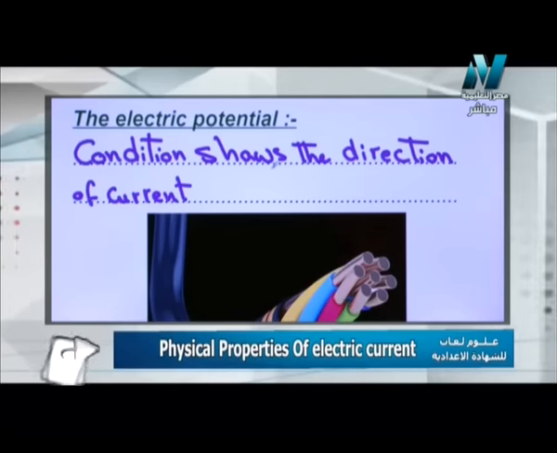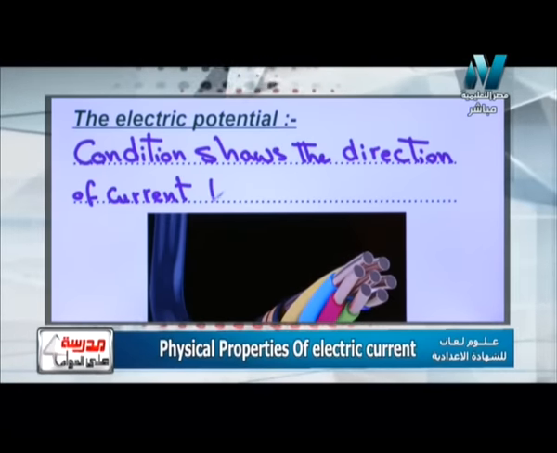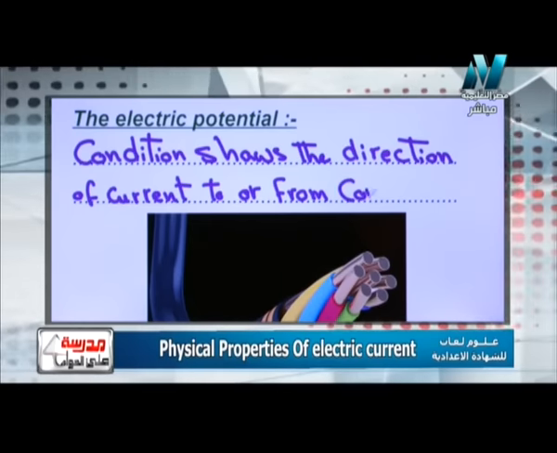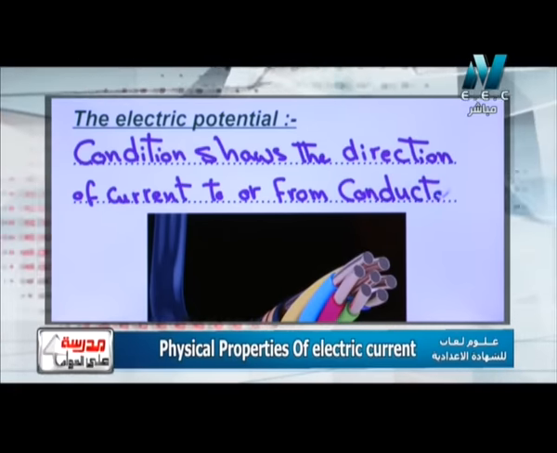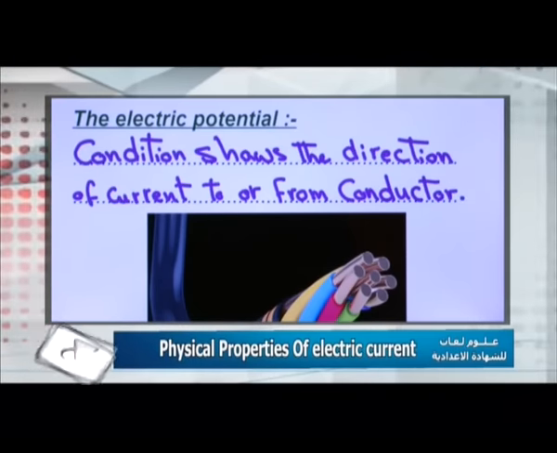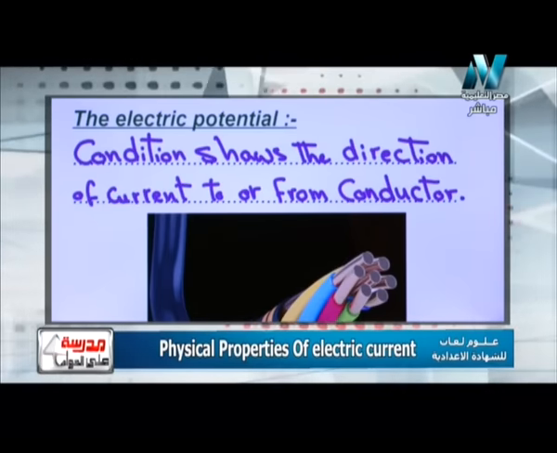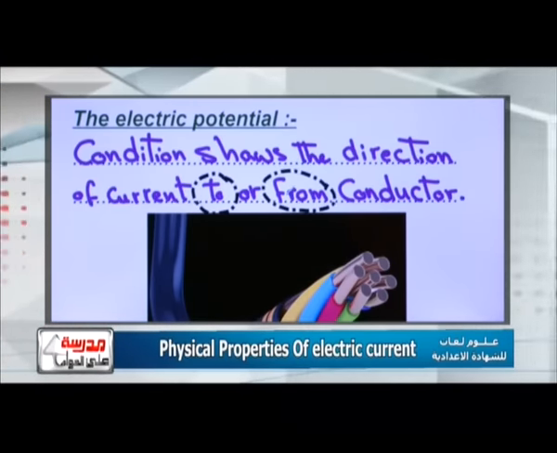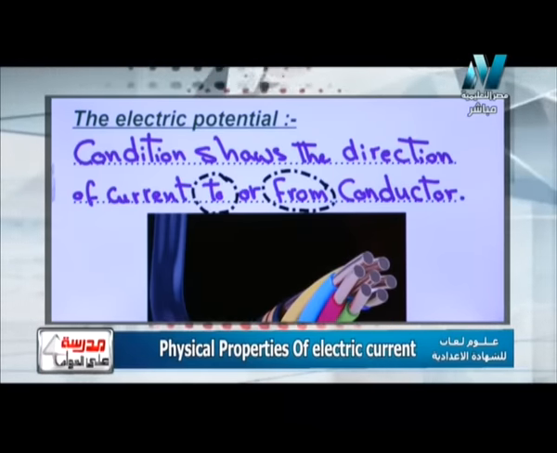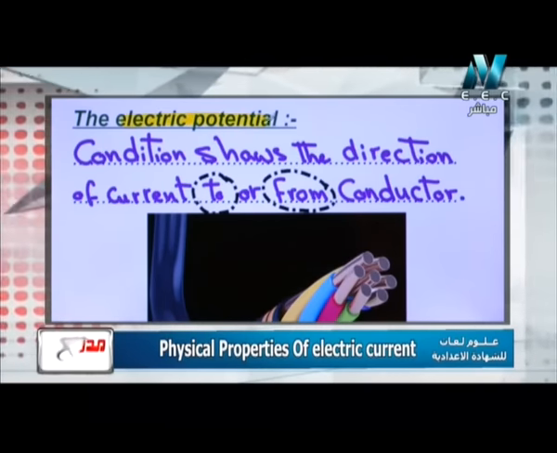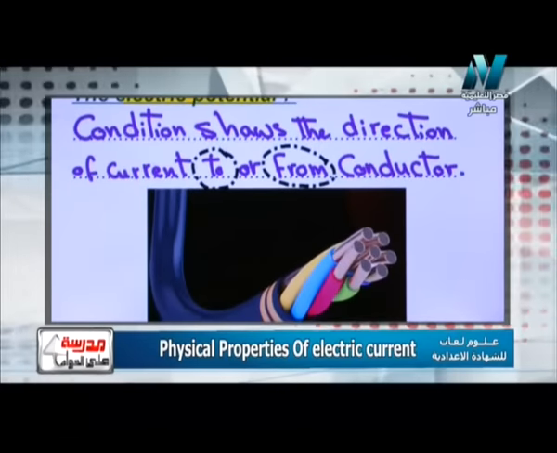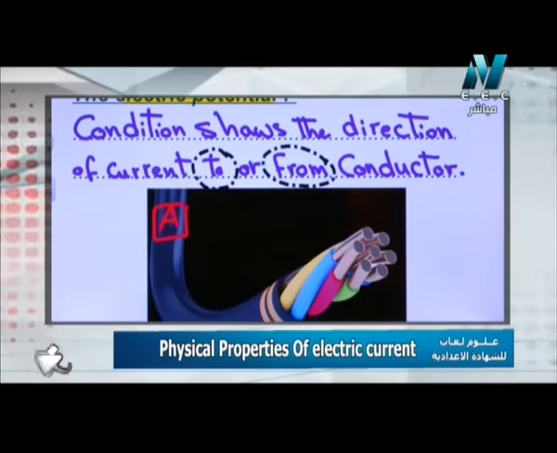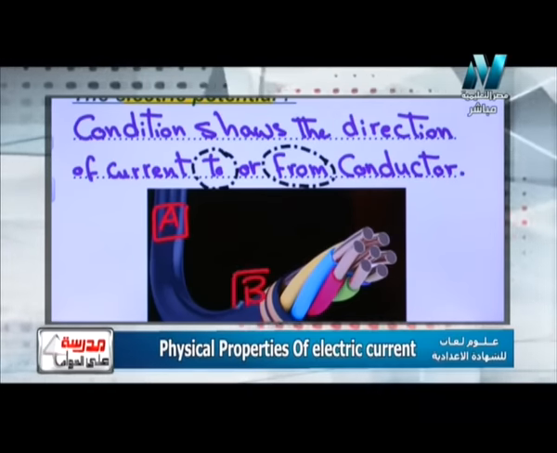يبقى حاجة بتوريني اتجاه electric current to or from a conductor. يبقى condition shows the direction of current to or from the conductor. يا إما direction طالعة to جاياله أو from the conductor. يبقى we know now what is meant by electric potential. طيب electric current will move, for example, from point A to point B in this direction.